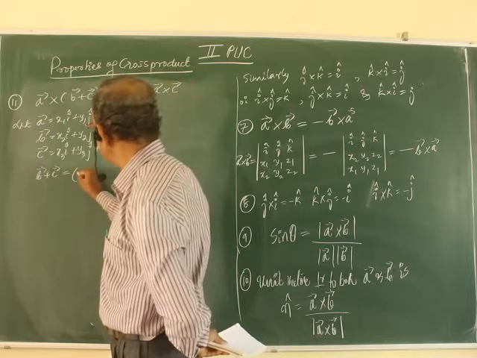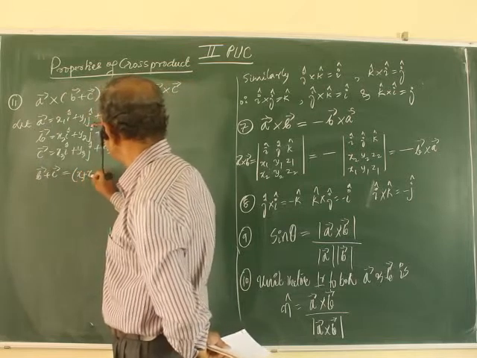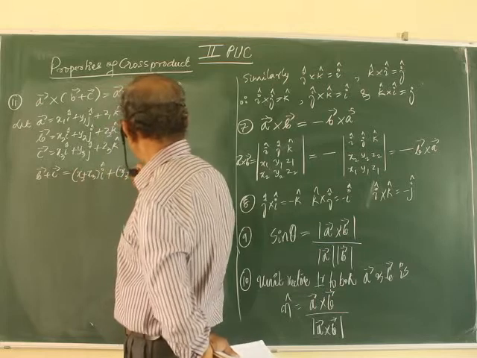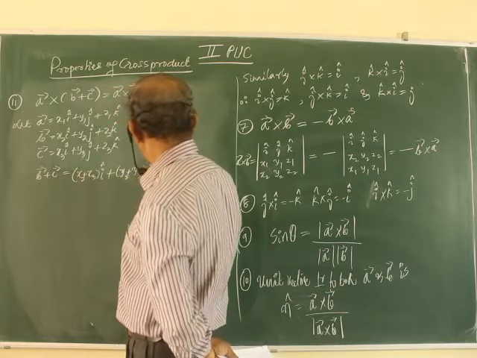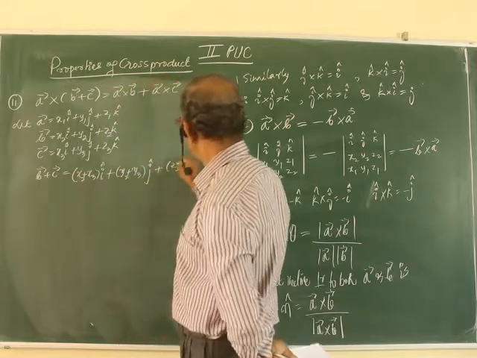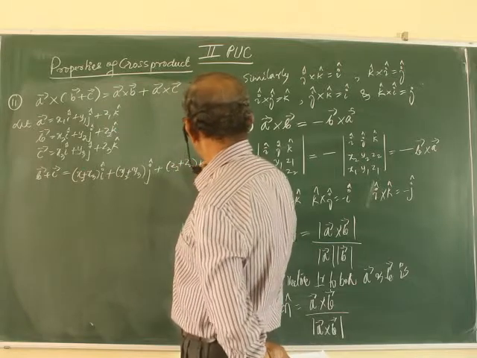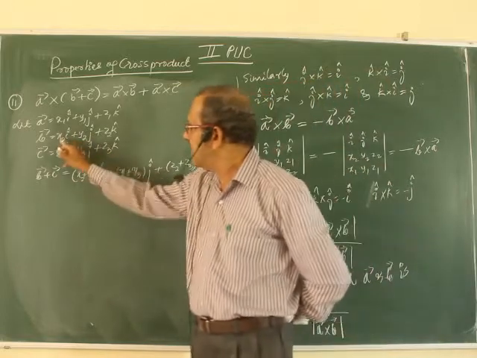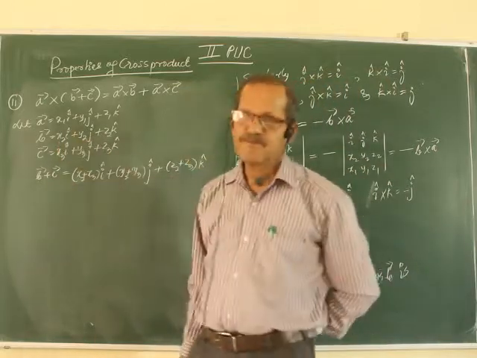B plus C, see this one: (x2 plus x3) i, (y2 plus y3) j, (z2 plus z3) k. This is B plus C. B and C are vectors, add them.